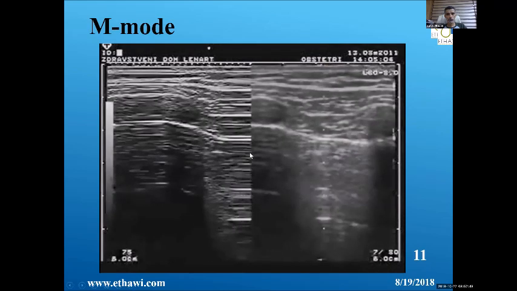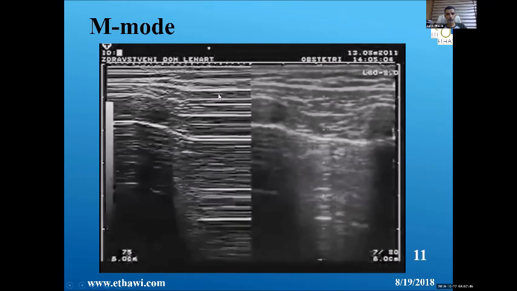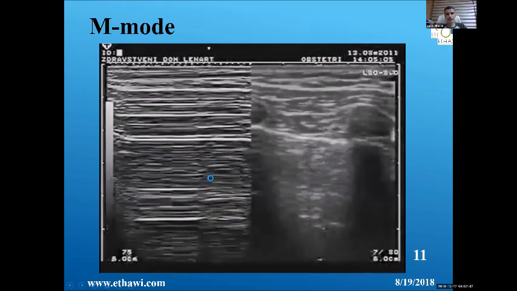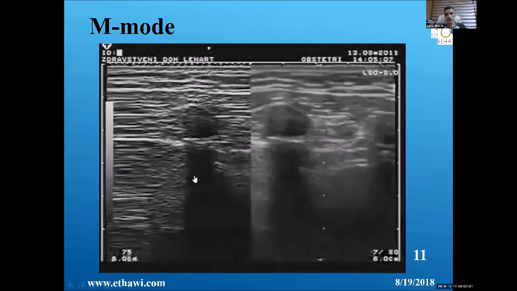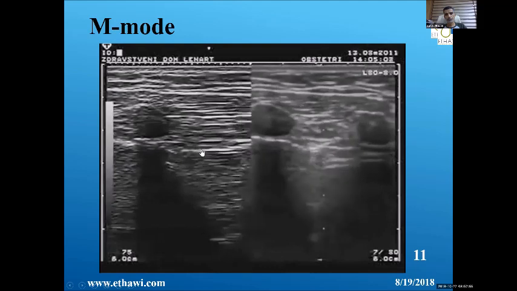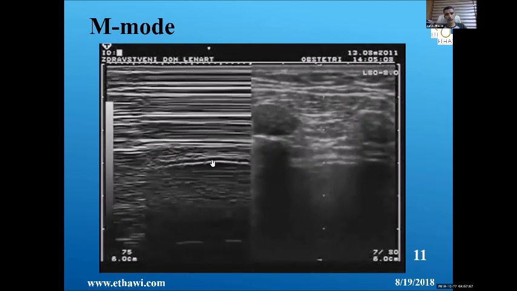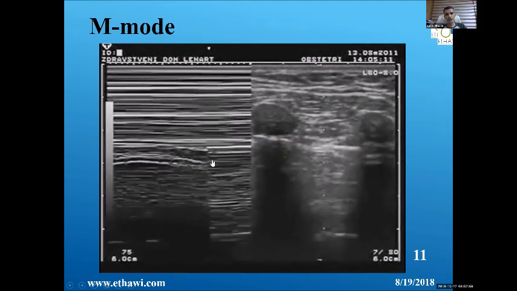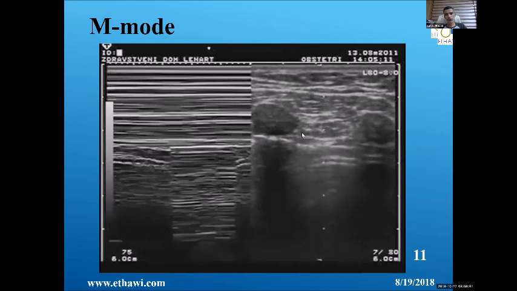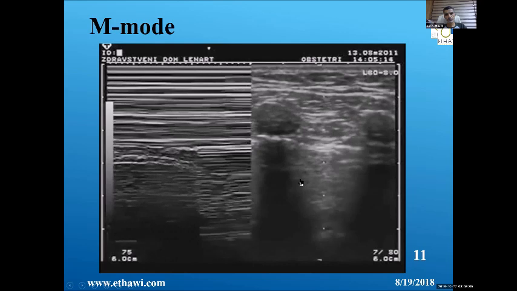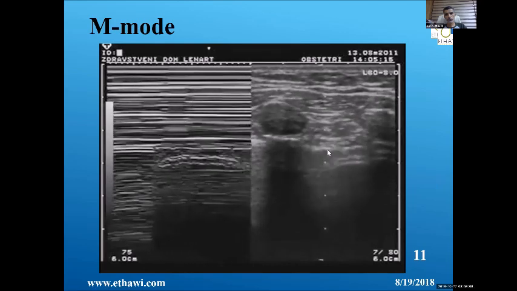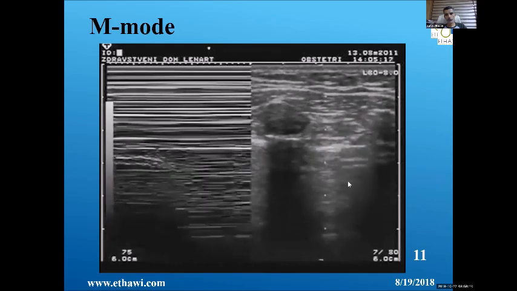You can see the barcode sign here. The barcode sign is clear here. Normal lung in here. And so on. You can see this is the rib. Barcode sign. And you can see normal lung and the pathological lung is in here. You can see it's moving, going back, and this is the pathological lung.